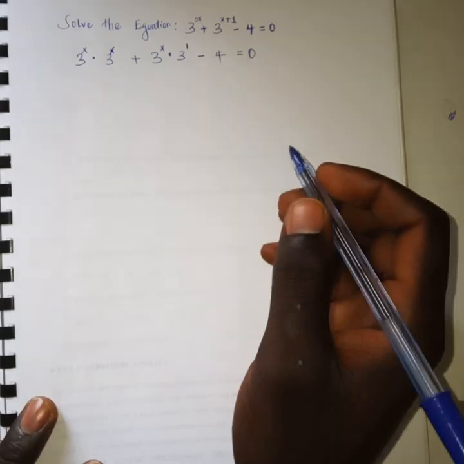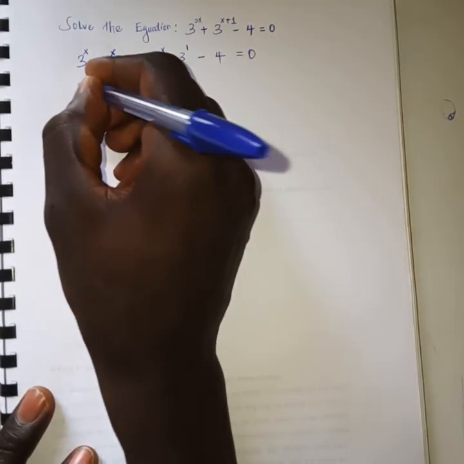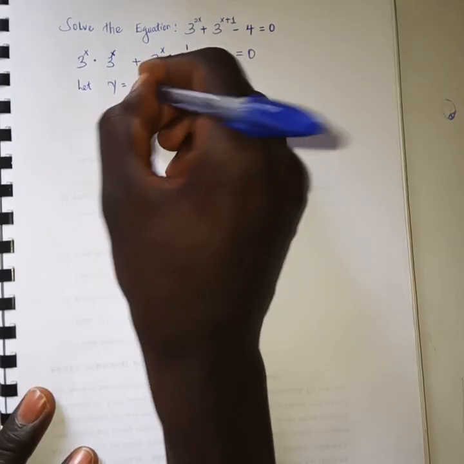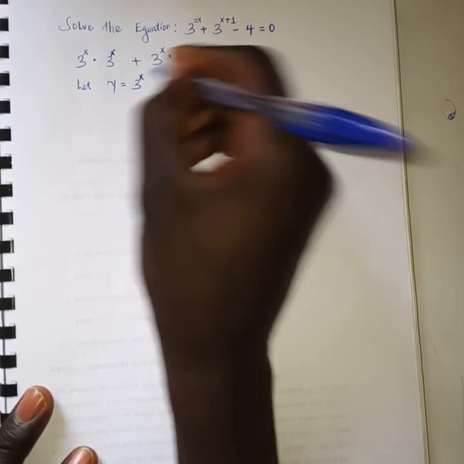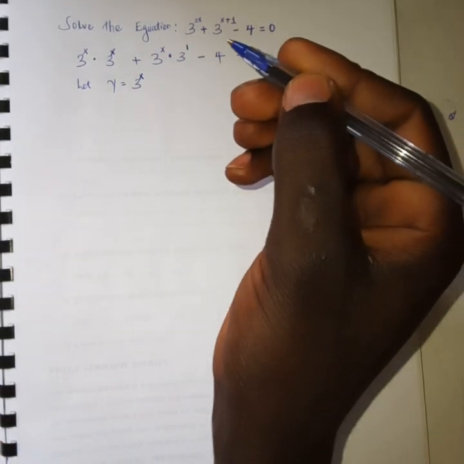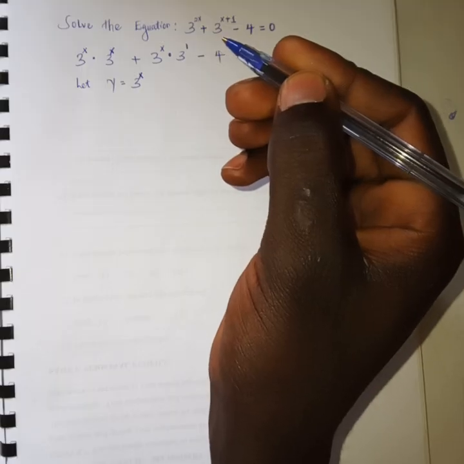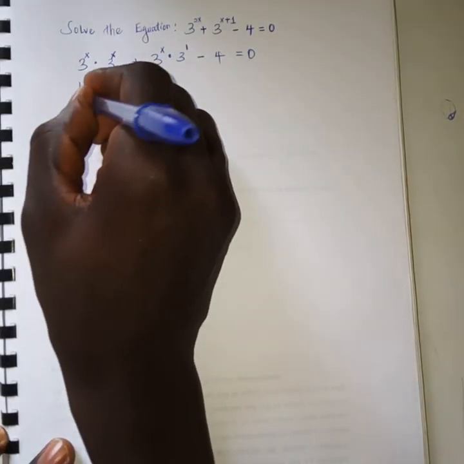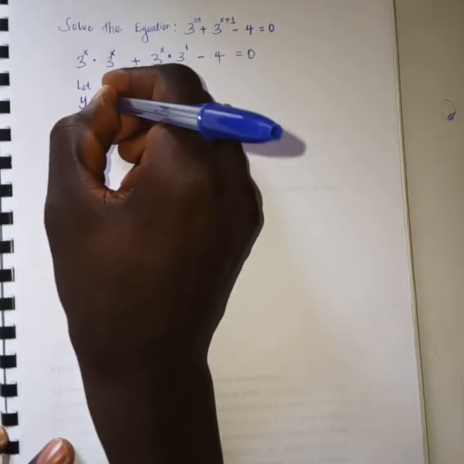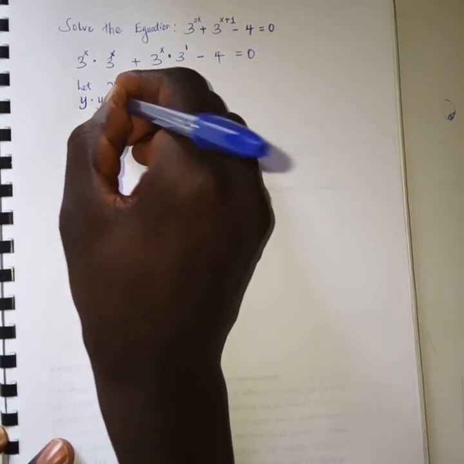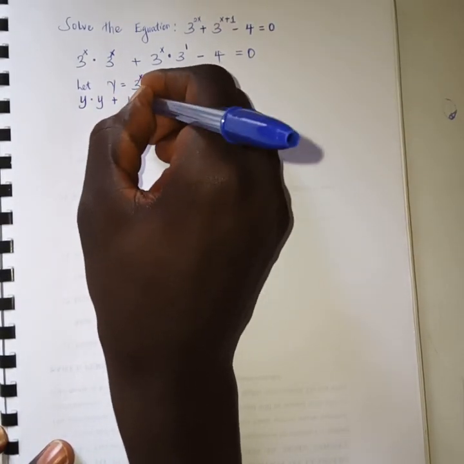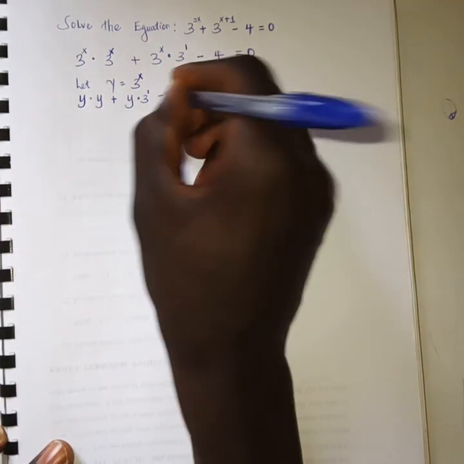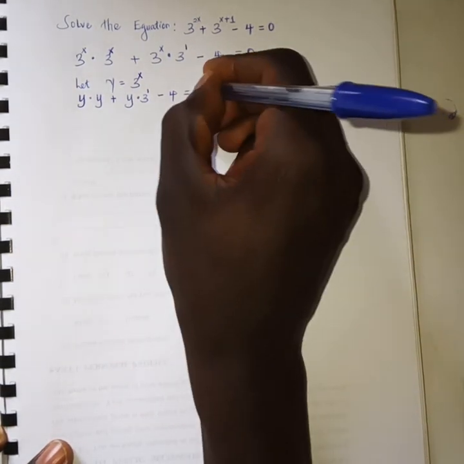So we are going to make this assumption here. Let y be equal to 3 to the power of x. So wherever we see 3 to the power of x, we are going to replace that with y. So we are going to have y multiplied by y, added to y multiplied by 3 to the power of 1, subtract 4, and this one is going to give us 0.